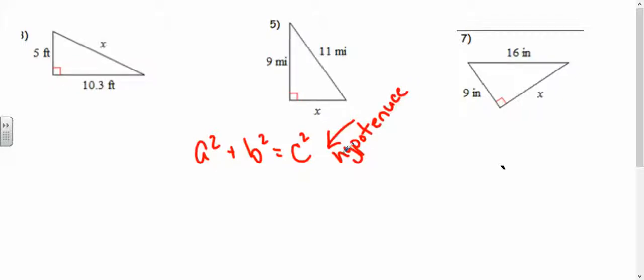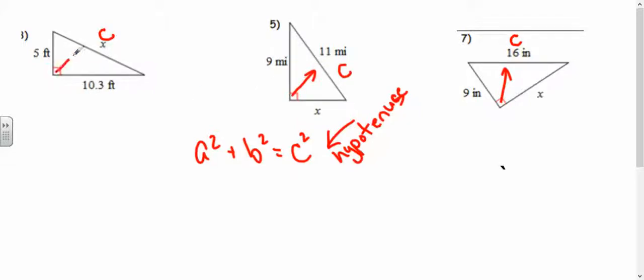So if you look at these three triangles, right? This is your c on this one, this is your c on this one, and this is your c on this one. The c is always directly across from the right angle.